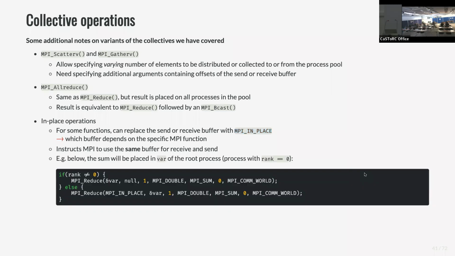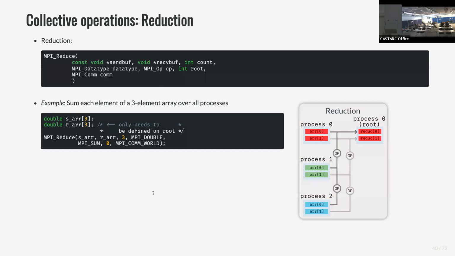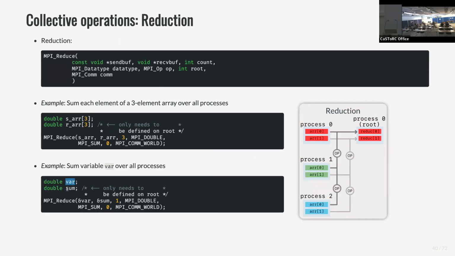Go back here. Here's another example, of using MPI reduce, where you want the result to go into the same variable. Let me explain a bit better what I mean. So here you had var and you had sum, and you're going to do a reduction where the values of the variable named var are summed over all processes, and the result of the sum is going to be placed in the variable sum on the root process.